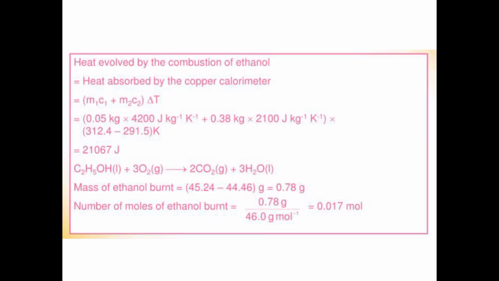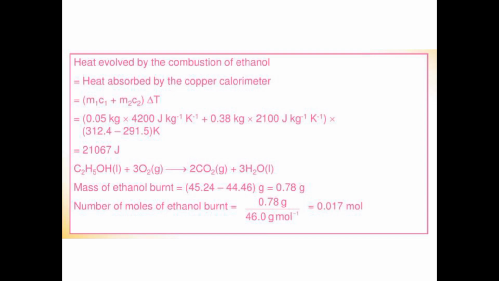So the mass of ethanol burnt will be 0.78 gram. So the number of moles of ethanol burnt will be mass over molar mass, which is 0.78 over 46.0. The molar mass of ethanol, which is C2H5OH, is 46.0 gram per mole. So you are going to have number of moles here to be 0.017 moles.